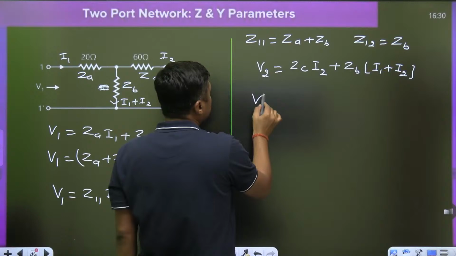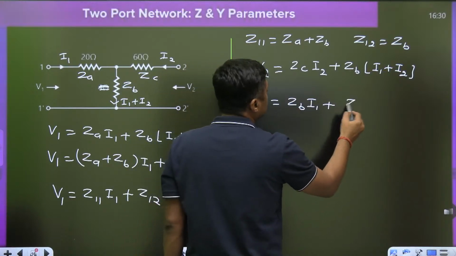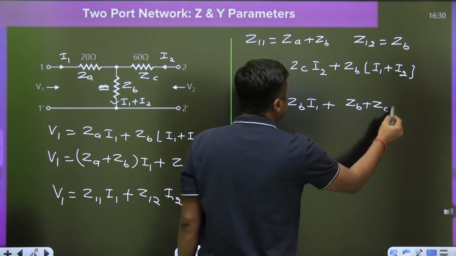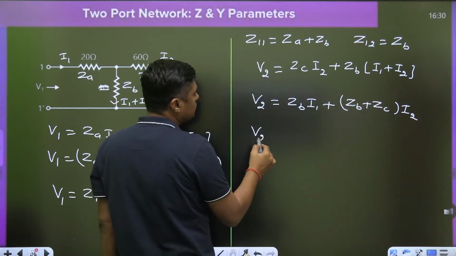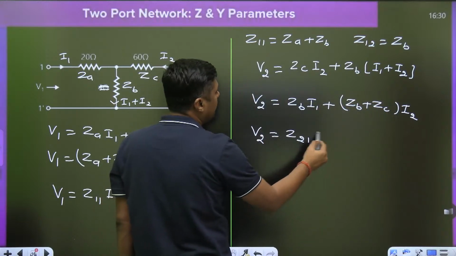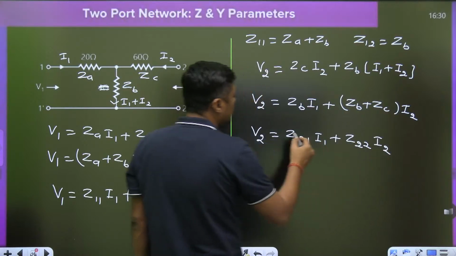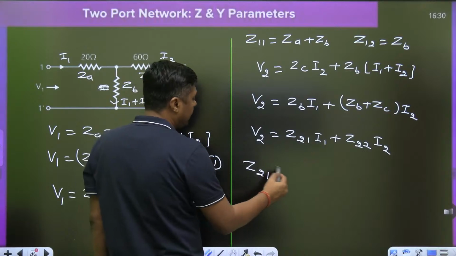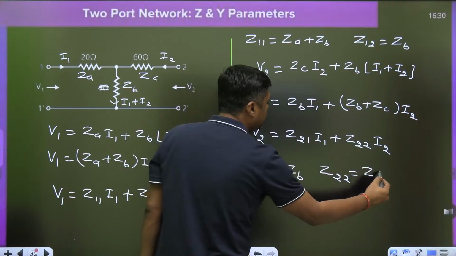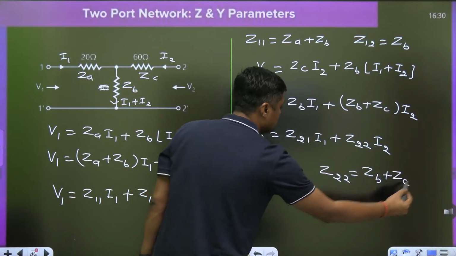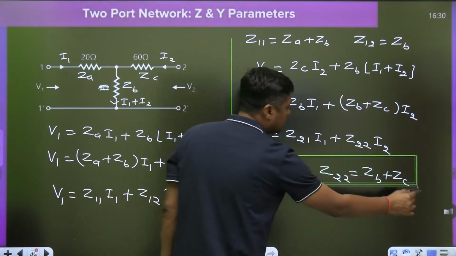Now you can arrange it: ZB times I1 plus ZB plus ZC times I2. Now compare with V2 is equal to Z21 I1 plus Z22 I2. Z21 is equal to ZB, and Z22 is equal to ZB plus ZC. So that is the two-port network.